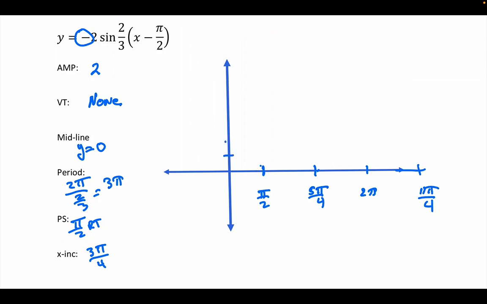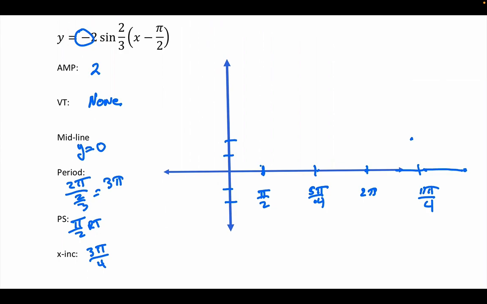Okay, my midline is 0. I have to go up 2, down 2, and it's inverted, right? So the sine will start down. So if I graph this, here I'm going to start at pi halves. We're going to go down 2, back to my midline, up 2, and then back to my midline out here, which will complete the period.